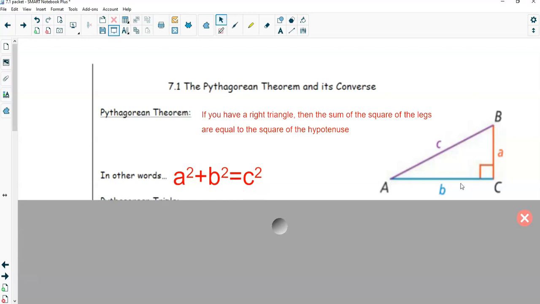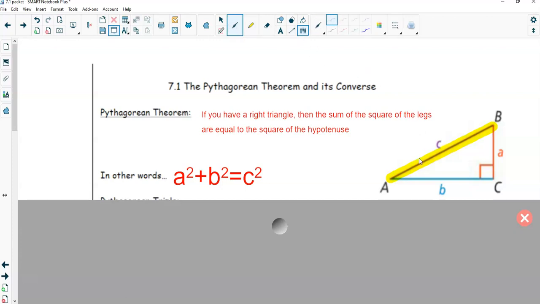Okay, so if we have a right triangle, the first thing you need to do is learn how to recognize the parts of the triangle. Which are the legs, which one is the hypotenuse? The most important, of course, is the hypotenuse. The hypotenuse is always across from the 90-degree angle. Here is your hypotenuse.